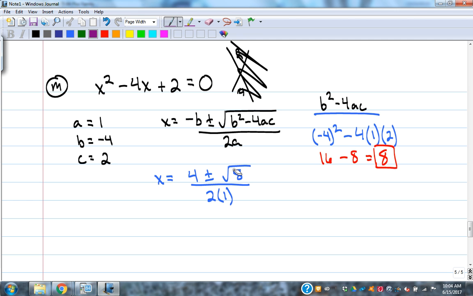If it was 16, that'd be 4. But it's 8, so we've got to break down 8. I'm just going to break it down with the factor tree over here under the discriminant. It's 4 times 2, 2 and 2. It's a pair of 2's with a 2 left over. That's 4 plus or minus 2 square root of 2. And then on the bottom, 2 times 1 is just 2.